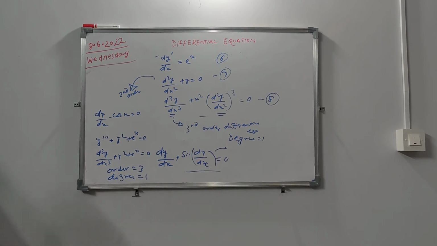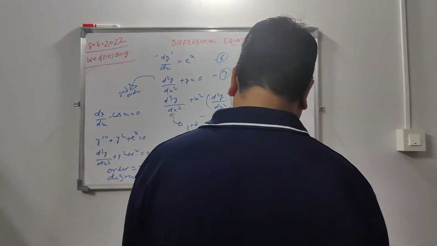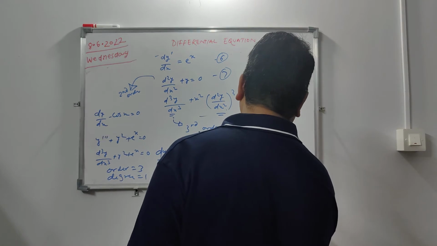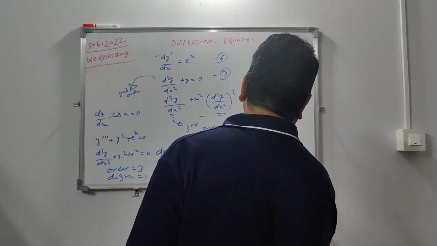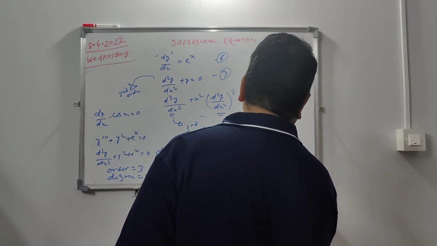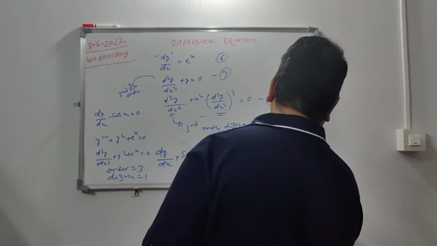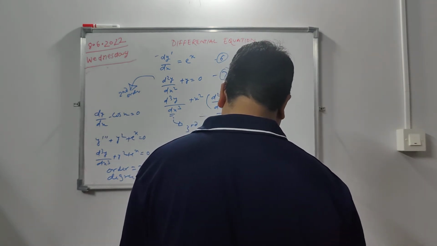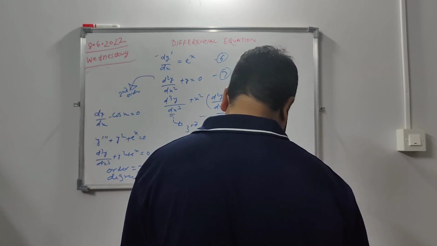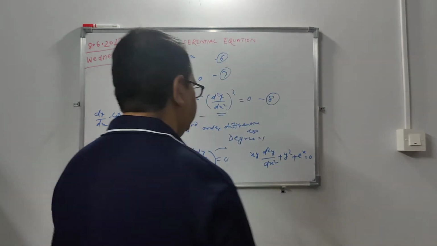Then there is another example like x y d square y by dx square plus y square plus e to the power x or something, equal to 0.